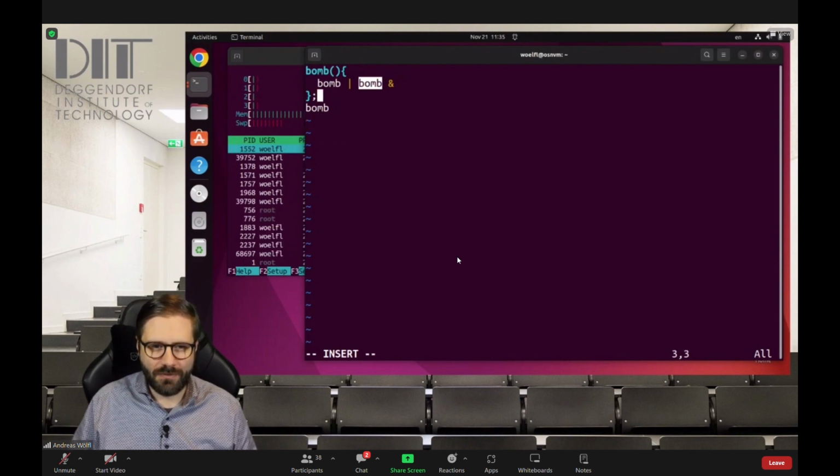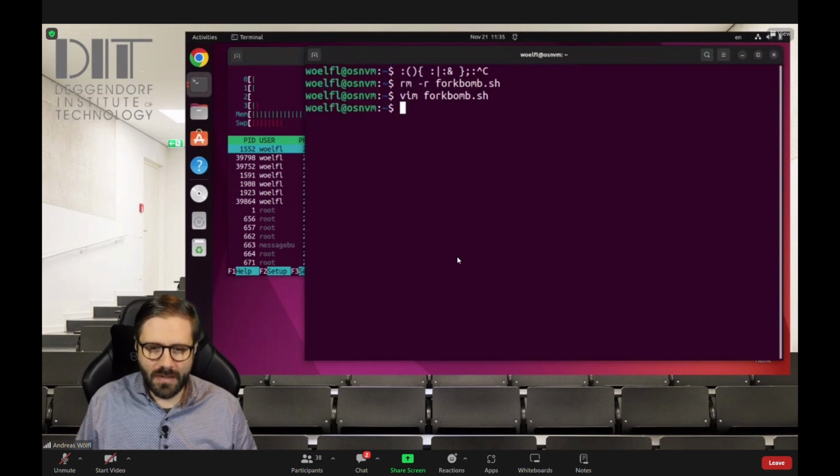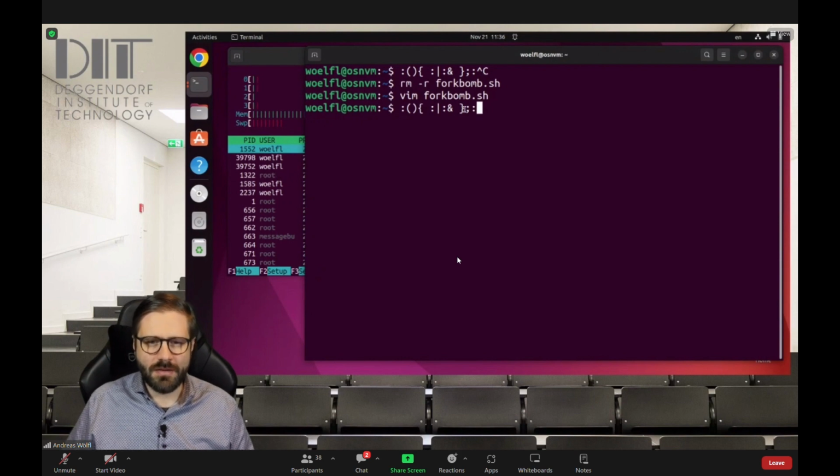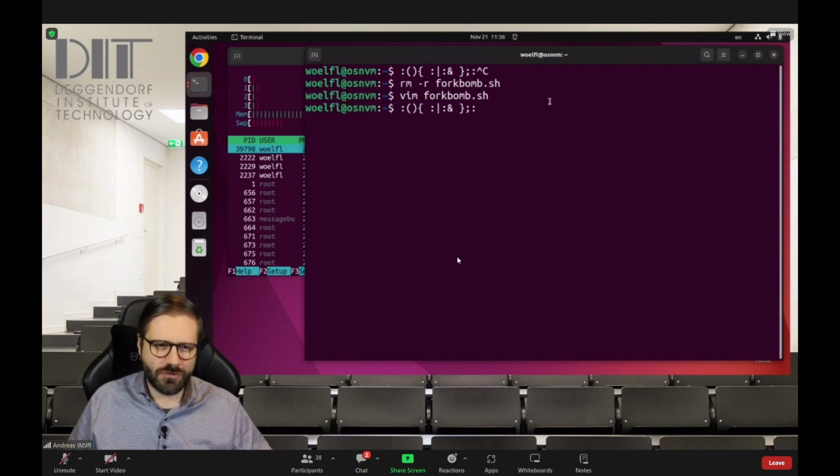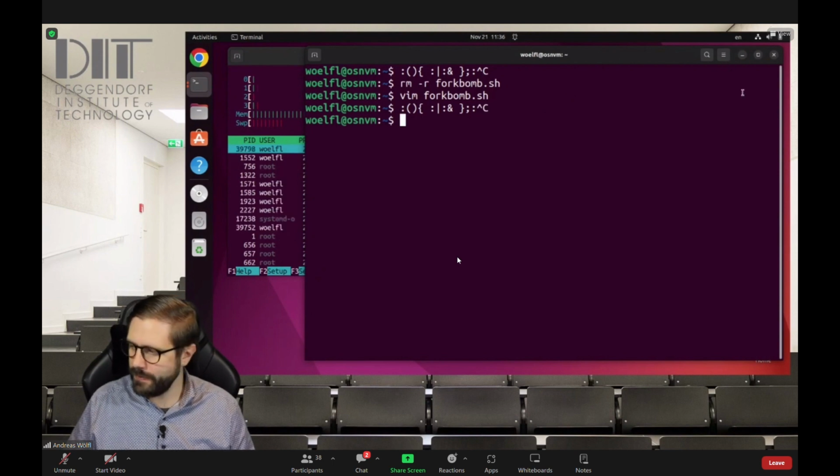If you have line breaks, you actually don't need the semicolon, but in our example here, we separate the definition of the function from the invocation of the function by this semicolon. So this is how fork bombs work. You spawn processes all over again until your system or your shell eventually crashes. Any questions?